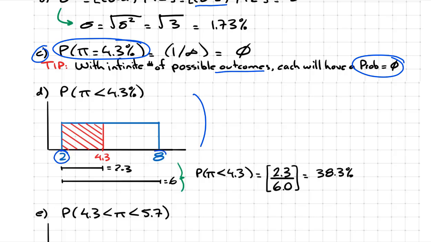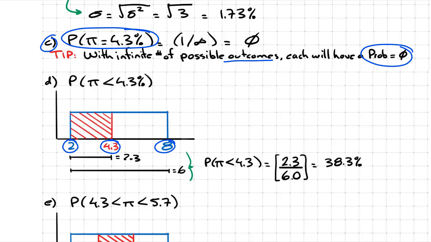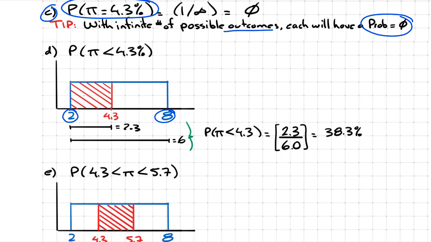2 is the lowest value, 8 is the highest value. What is it they want? The critical point is 4.3, and they want to know this area right there, because remember, we associate area under the curve with probability. So we know the total area is 100%. What fraction of the 100 does this represent? The total goes from 2 until 8, so the total range is 6.